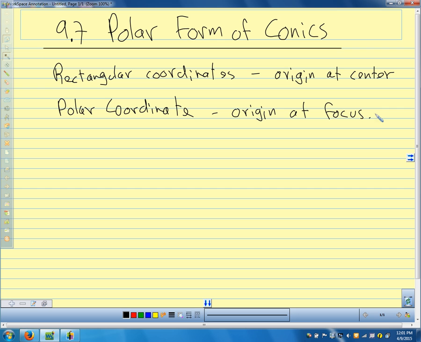So we're going to start with kind of an alternate definition for conic sections. So instead of having a separate definition for each one, we're going to have one definition that takes care of all of them. So we're going to say, our alternate definition: the locus of points.